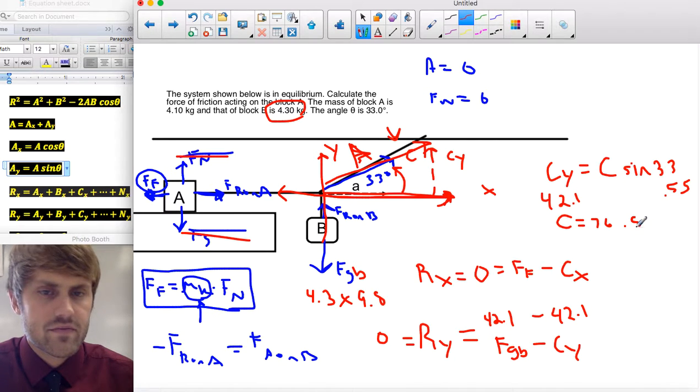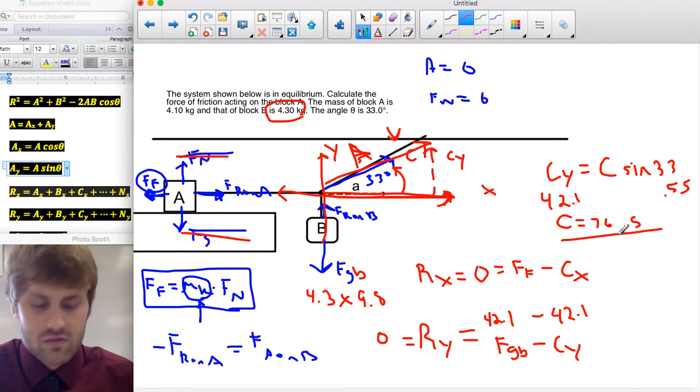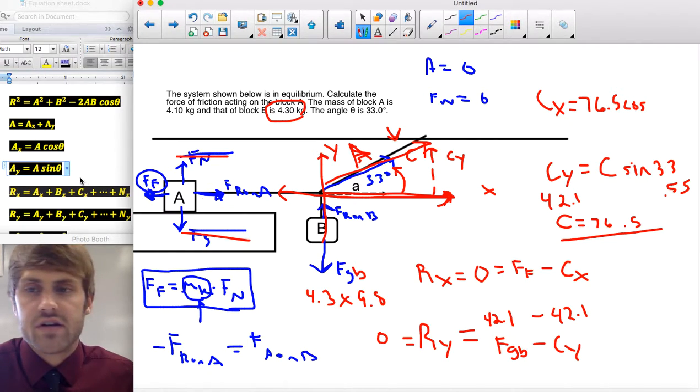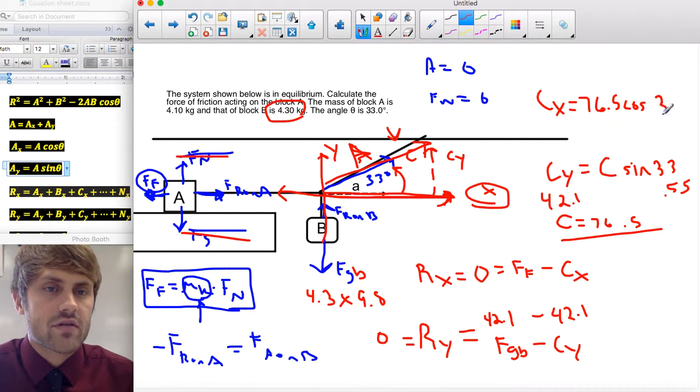76.5. Now that we have C, we can use our opposite equation over here. We can use C x is equal to C, which we just found was 76.5, and this time we'll do cosine, so that we can find our x component, of 33.